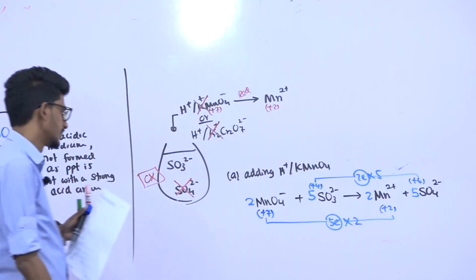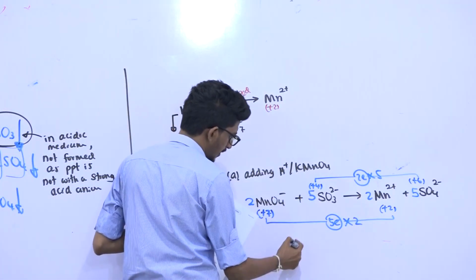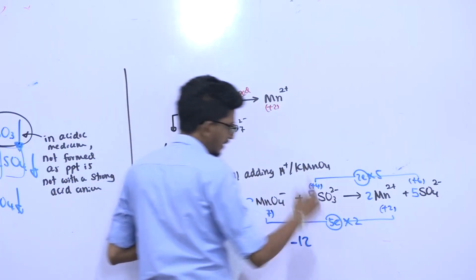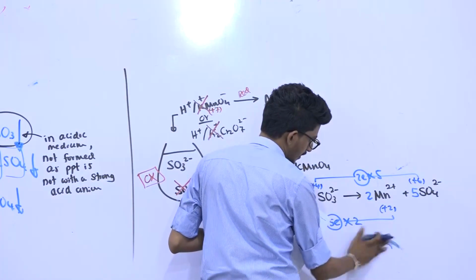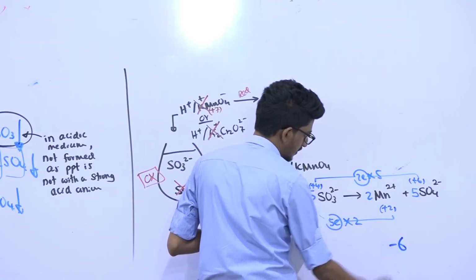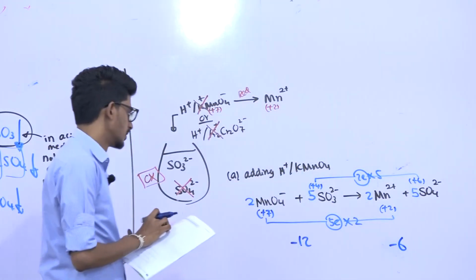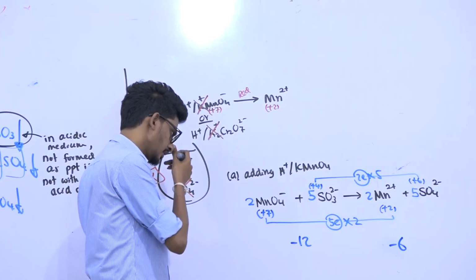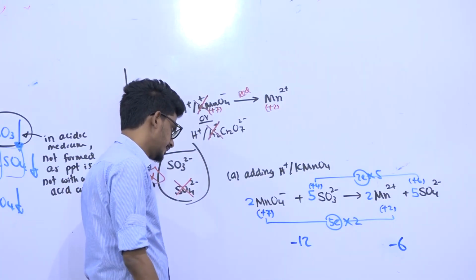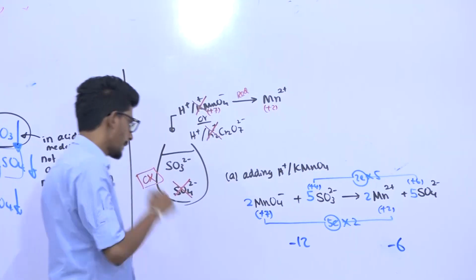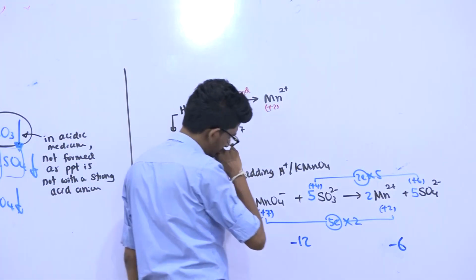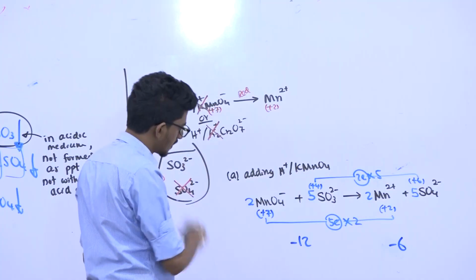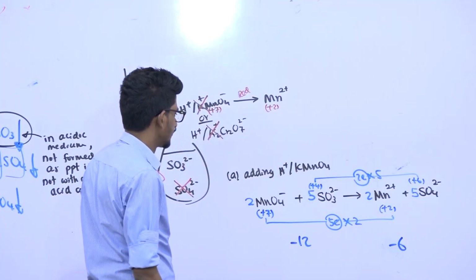Then the charge balancing: minus 2 minus 12 at this side, and plus 4 and minus 6 at the other.